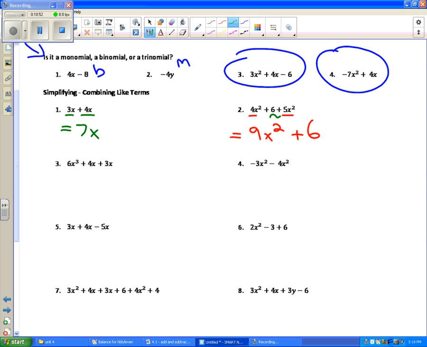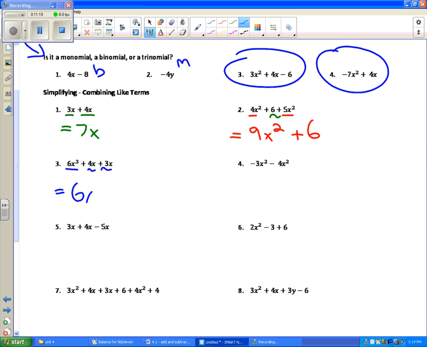Well, let's go to number 3. I'll do number 3, and I think I'll do number 5 with us, and then you can do the rest on your own. In number 3, we have 6x cubed. We don't have any other x cubes here, but we do have a 4x and a 3x. So this gets a different little notation underneath it.